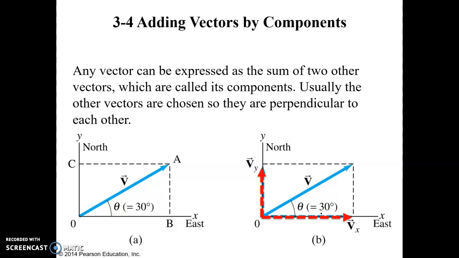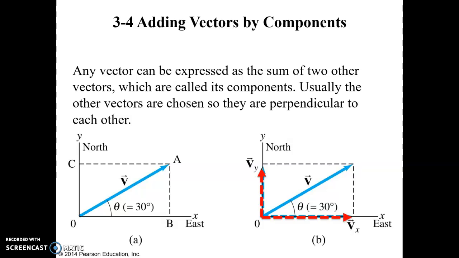Okay, so we have looked at taking horizontal and vertical vectors and combining them to get a resultant. We add the two of them together and we get this diagonal resultant.